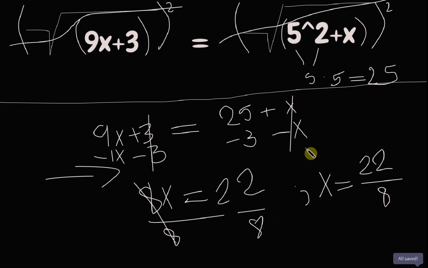Okay, that was a pretty easy problem. So the solution was really fast. When we have a square root on both sides of the equation, we square both sides, then the square root and the squares get rid of each other. If there are cubic roots or fourth roots or fifth roots, and both of them are equal, you can just cancel them out, because you already know that you can always raise both sides to the same power.